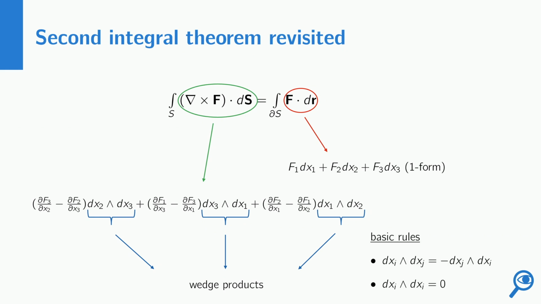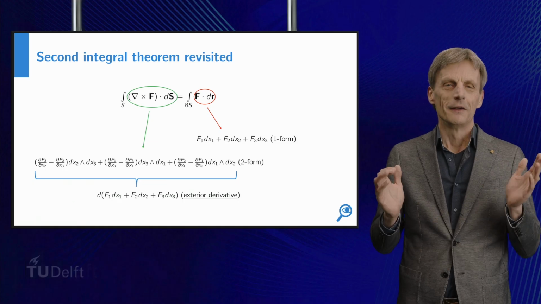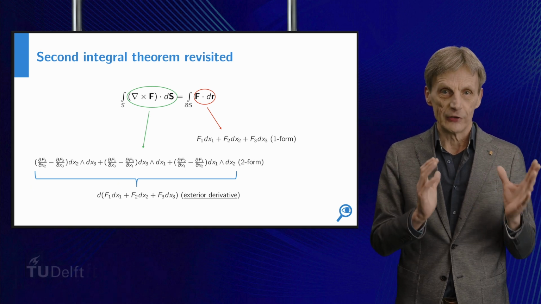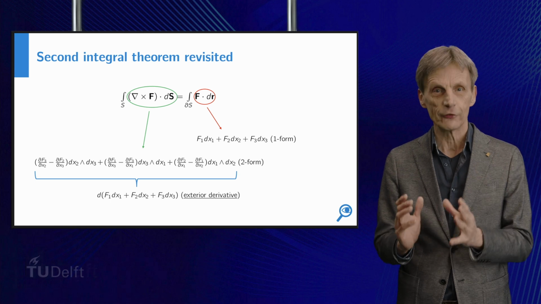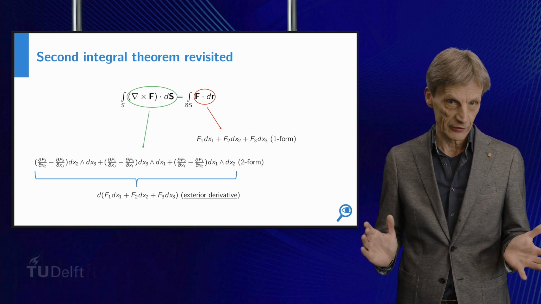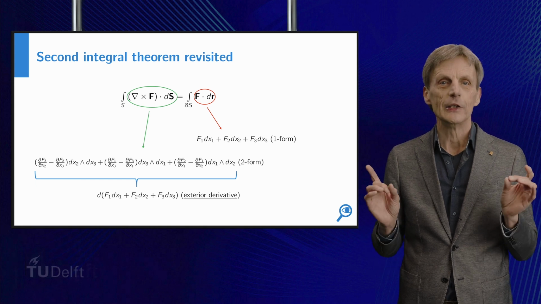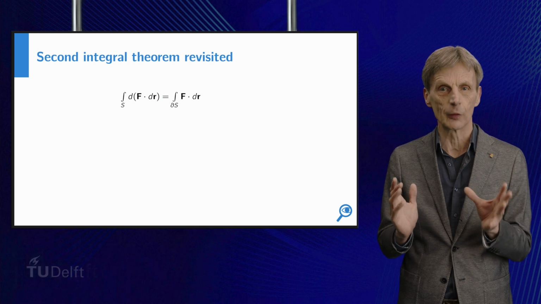It turns out that the 2-form on the left is actually equal to the so-called exterior derivative of the 1-form on the right. The exterior derivative of a differential form of higher order is a generalization of the differential of a function. I won't go into the general definition here. The upshot is that the second integral theorem can be written in the succinct form shown here.